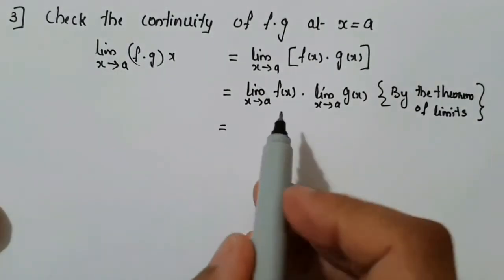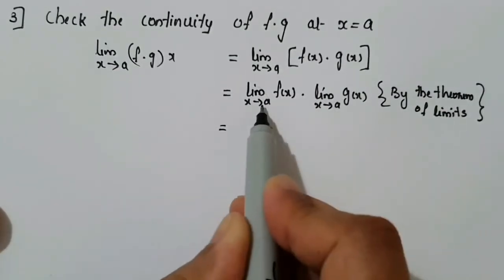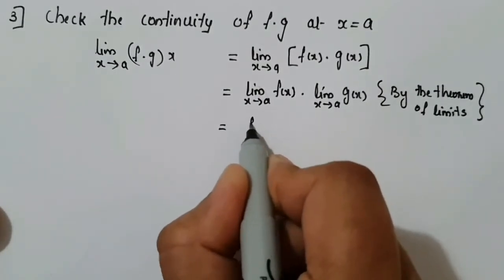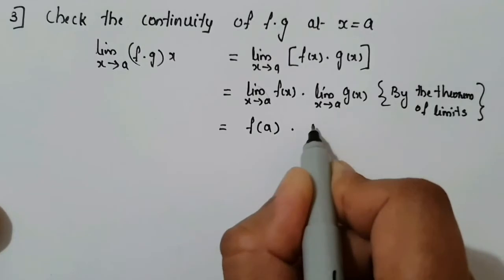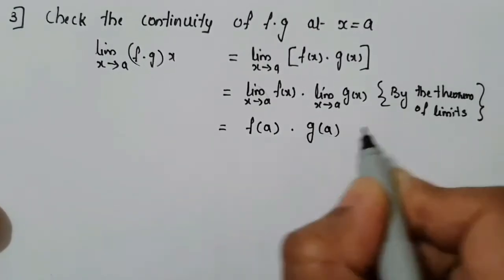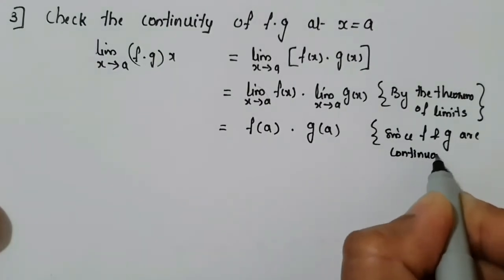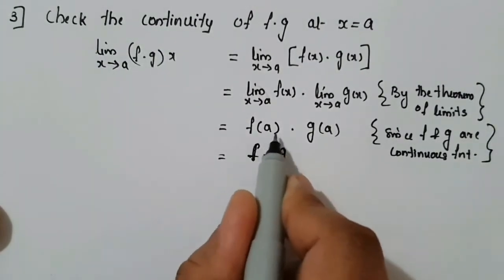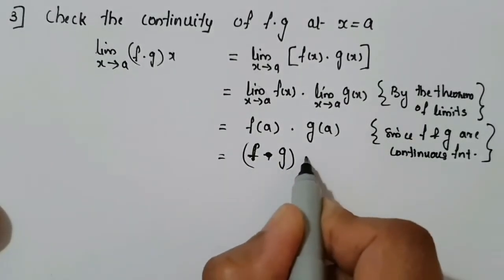So this is equal to, since f of x and g of x both are continuous functions, limit x tends to a, f of x can be written as f of a, dot limit x tends to a, g of x can be written as g of a. This is equal to f of a dot g of a, which can be written as (f dot g) of a.